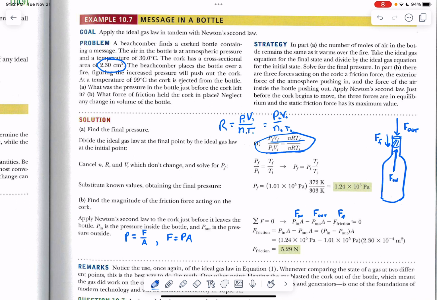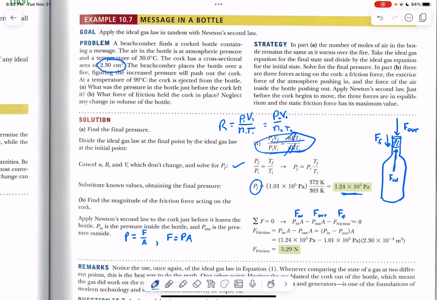And the n is going to cancel out, and our R is going to cancel out. And so we have this equation right here. Solve the equation for final pressure. And now we find that that pressure, when we plug in our numbers, is this value.